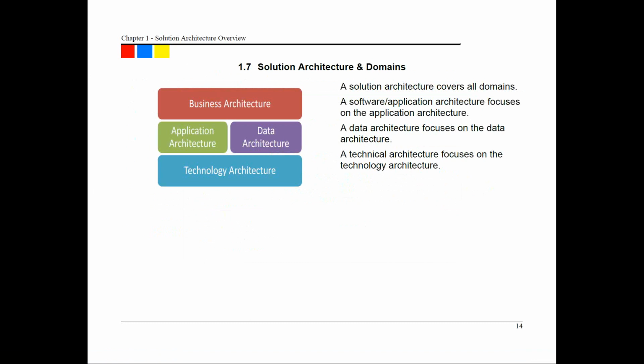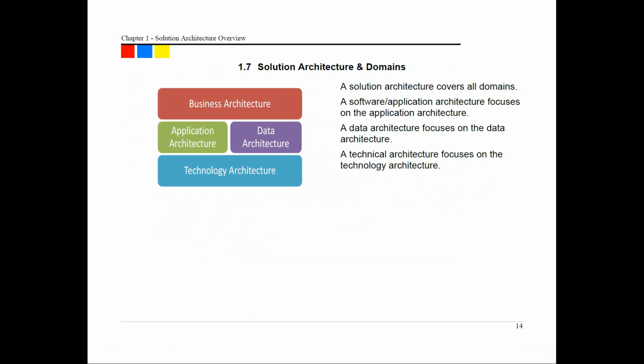So a data architecture focuses on the things that are in the system, and technology architecture focuses on what technology gets used. What's the underlying technology?